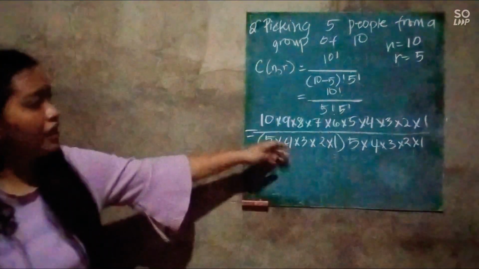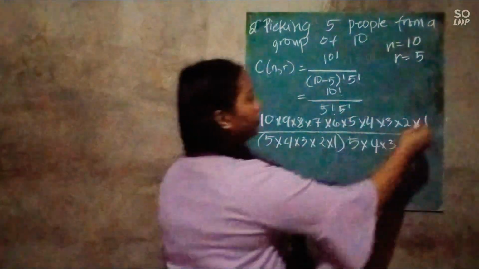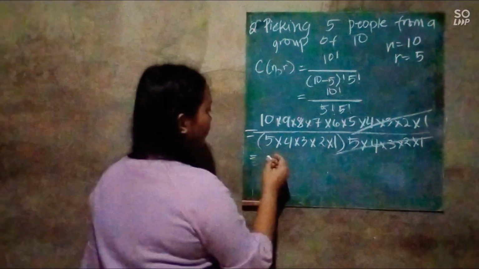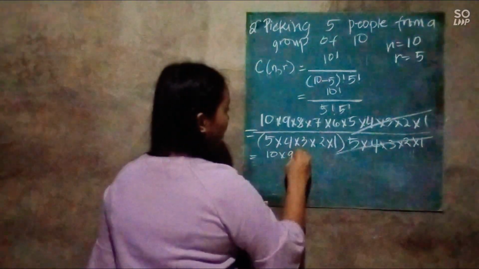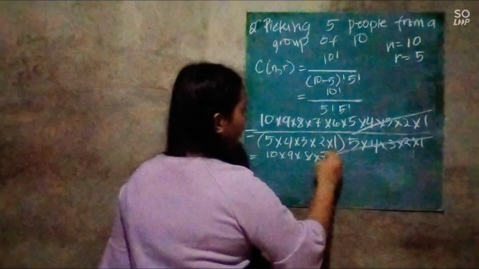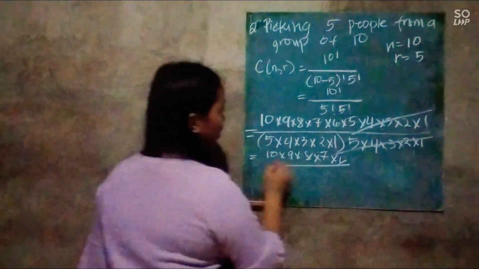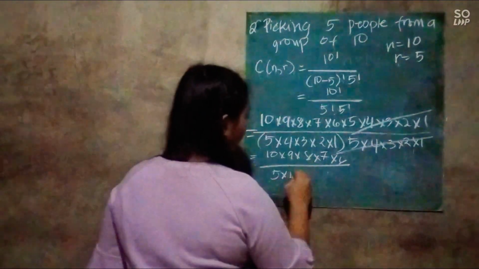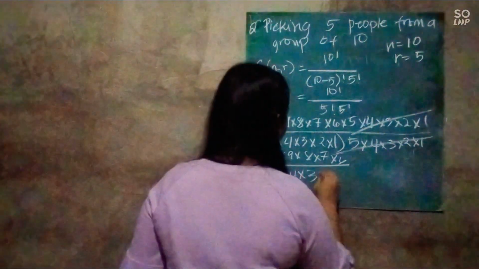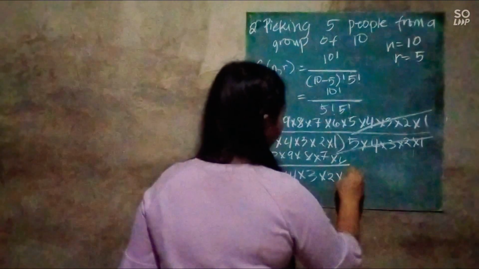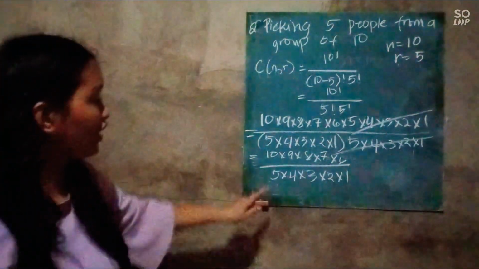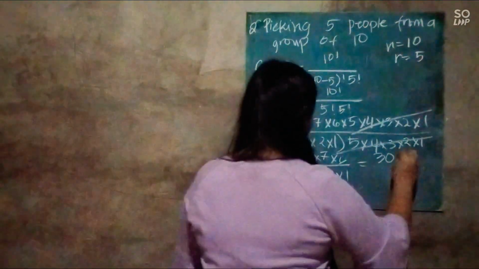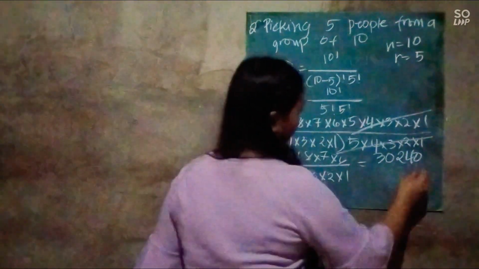So from here, we can cancel this out. So the value that is left is 10 times 9 times 8 times 7 times 6 all over 5 times 4 times 3 times 2 times 1. So calculating this one, we have 30,240.